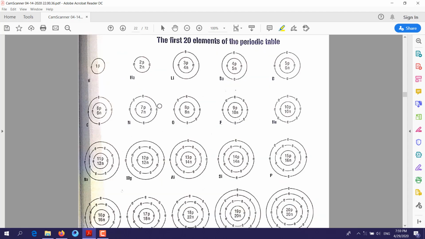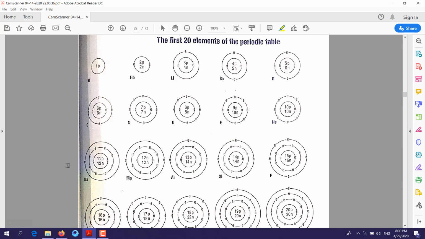The first 20 elements of the periodic table. The periodic table is a table that contains all the elements that exist on Earth. But these elements are arranged in a specific way, depending on the atomic number, or the number of protons.